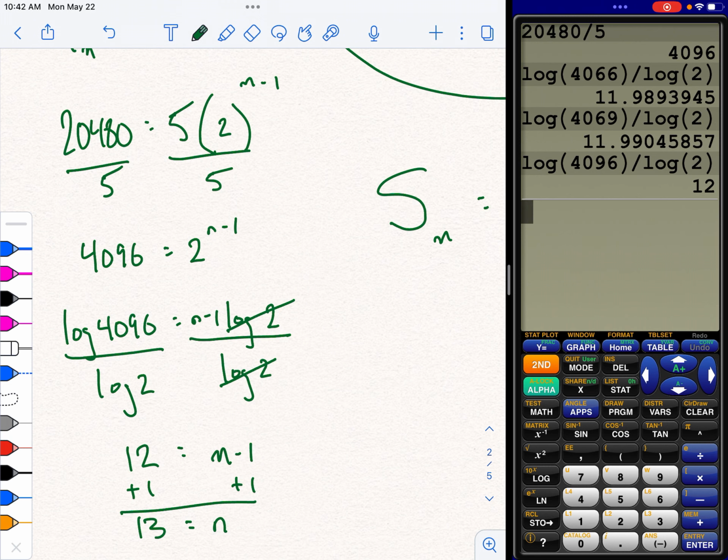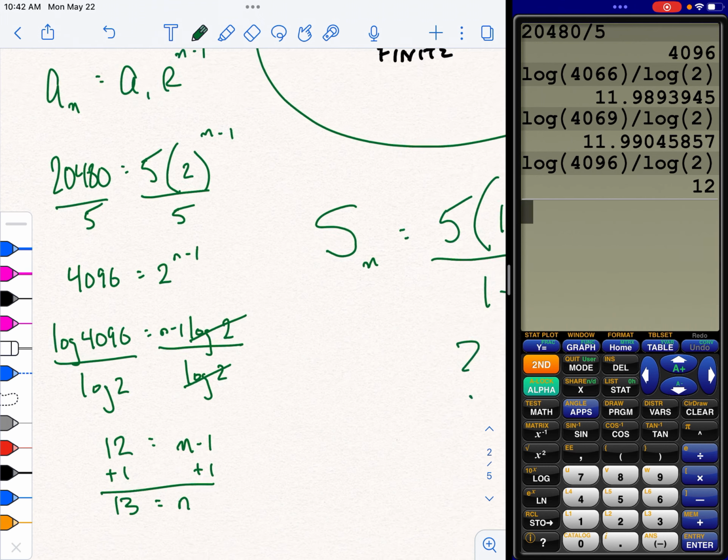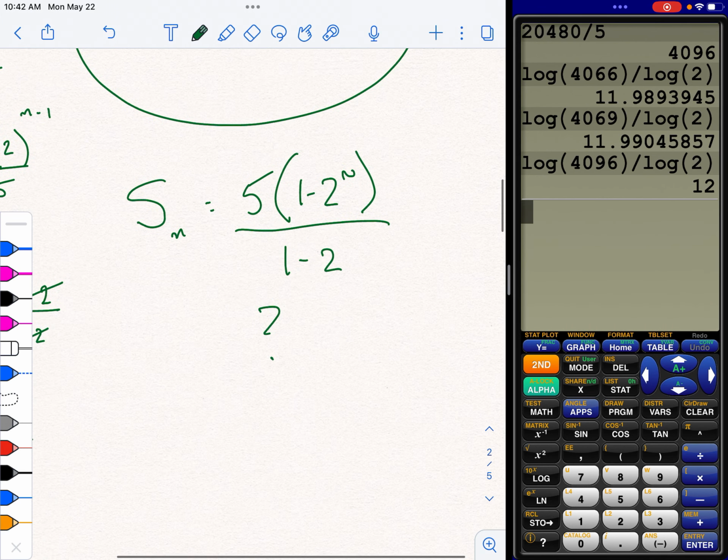So we can calculate how many terms there are, and that will help me over here on the other side where I was stuck, because now that I know that there are 13 terms, I can go ahead and put in this guy. I'm going to use my calculator again.